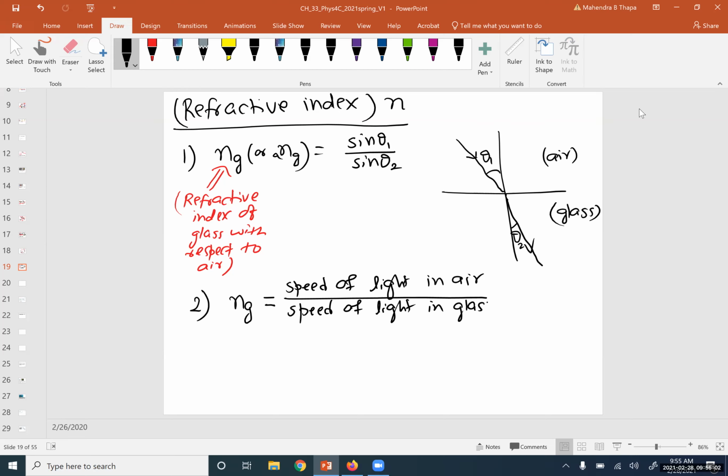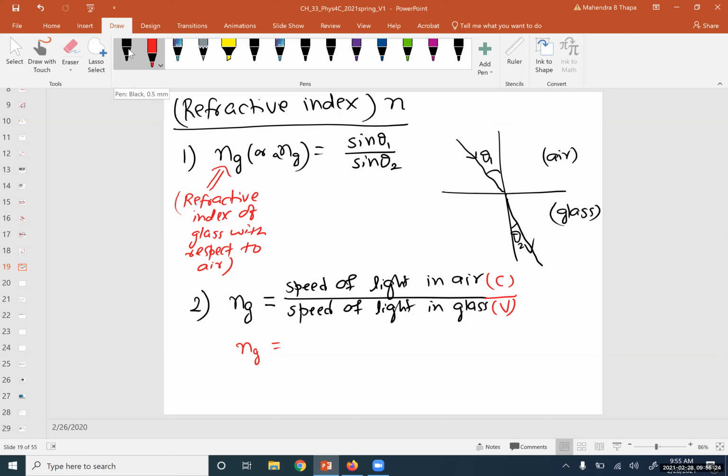Generally we write the symbol C for the first and v for the second. This is not a hard and fast rule, just for symbol purposes.